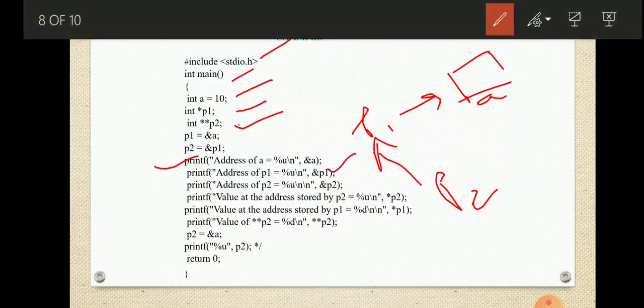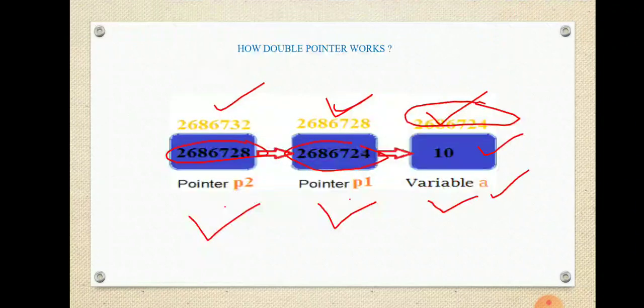The second statement is address of p1. What is the address of p1? The address of p1 is 2686728. Yes, that is the address of p1.